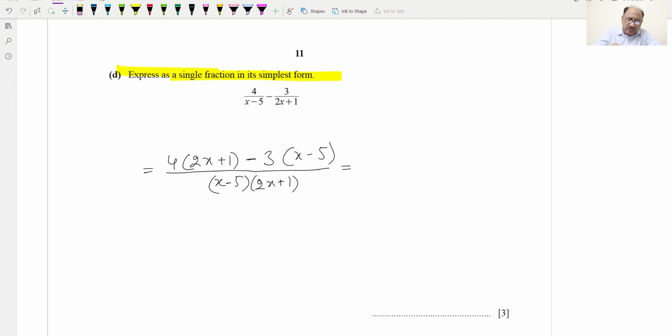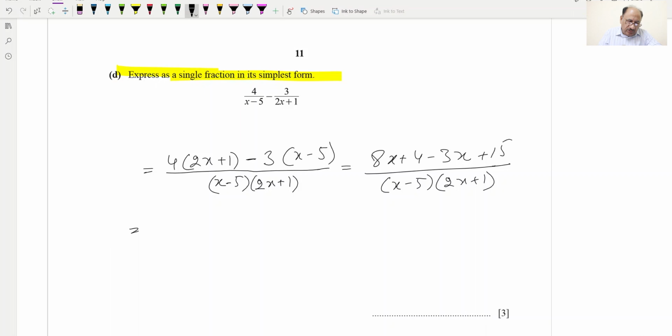You can basically open the brackets in the numerator, so it will be 8x plus 4 minus 3x, and minus 3 into minus 5 will be plus 15, and divided by, keep the denominator as it is, which is 2x plus 1.